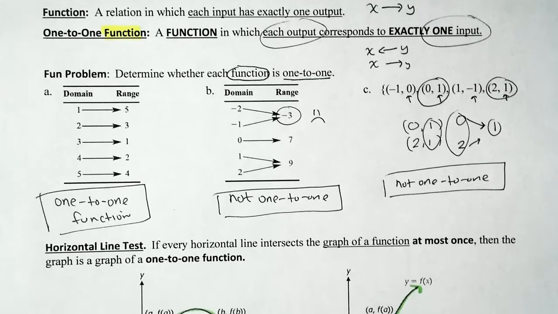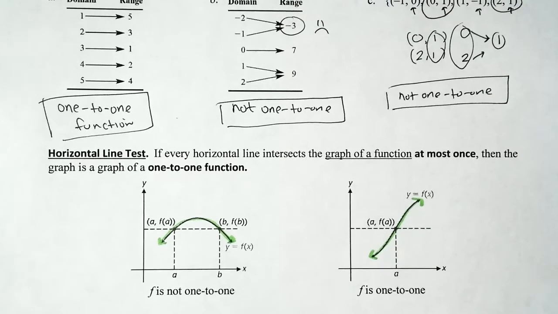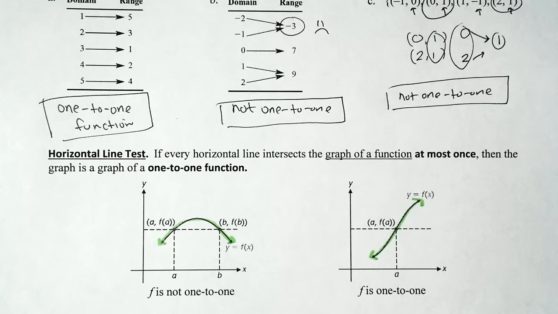But in this case, we are going to talk about the horizontal line test. Back in an earlier unit, we talked about the vertical line test. The vertical line test is a visual way to identify if a given graph is the graph of a function.